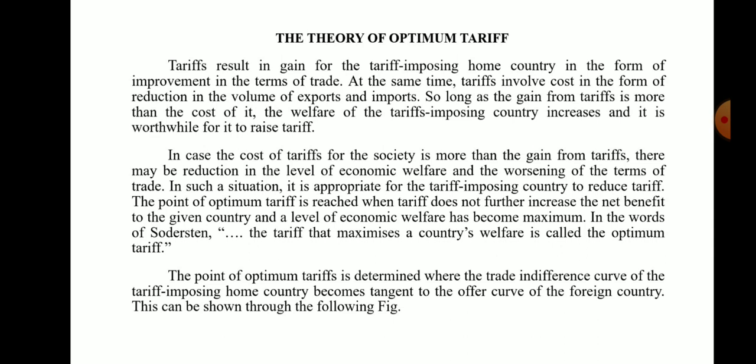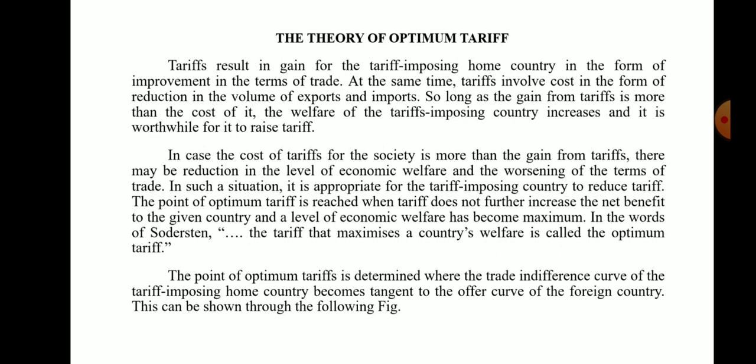Once tariff is imposed, you can see improvement in terms of domestic country. At the same time, tariffs involves cost in the form of reduction in the volume of exports and imports. In other words, you can see it suppresses total volume of foreign trade.